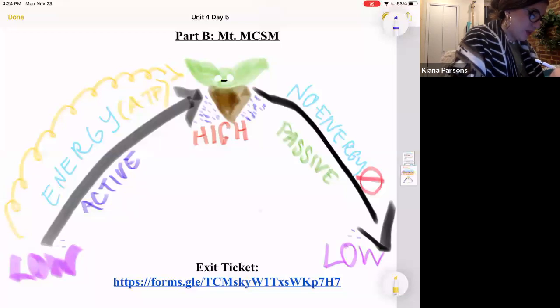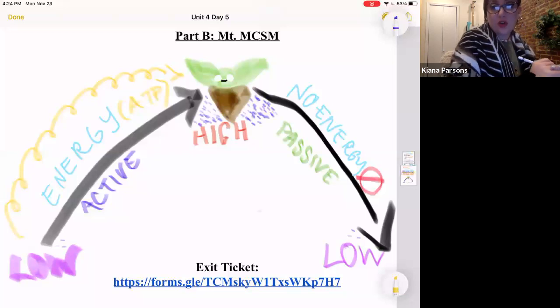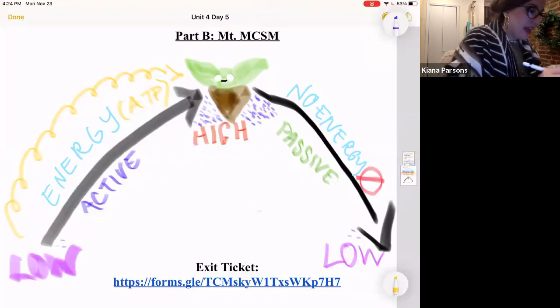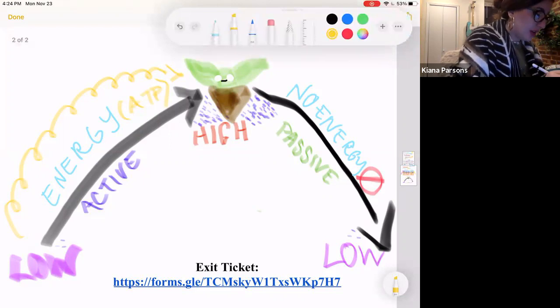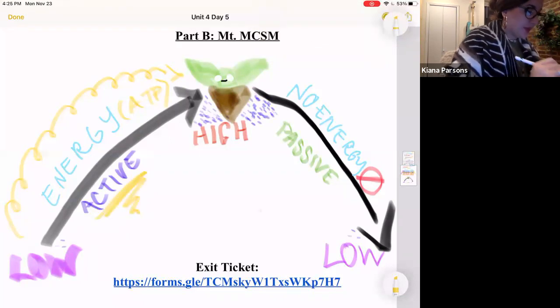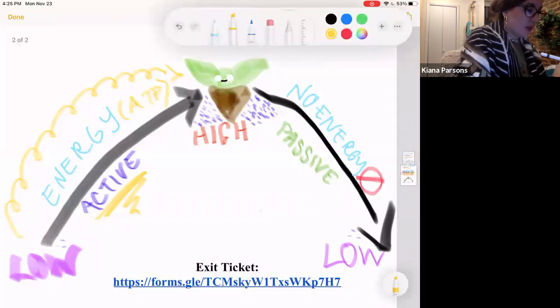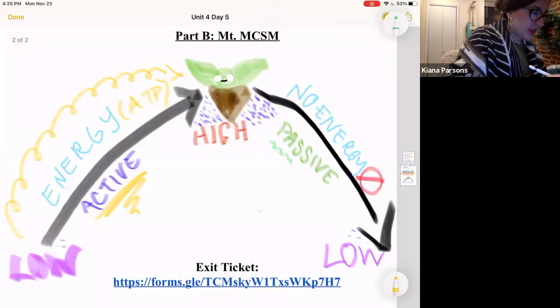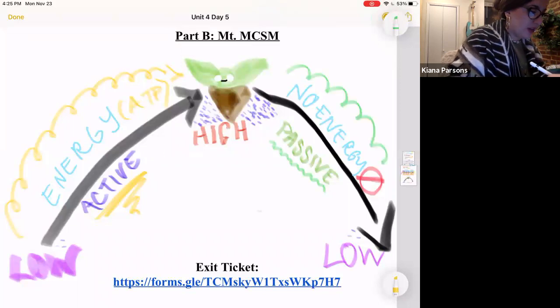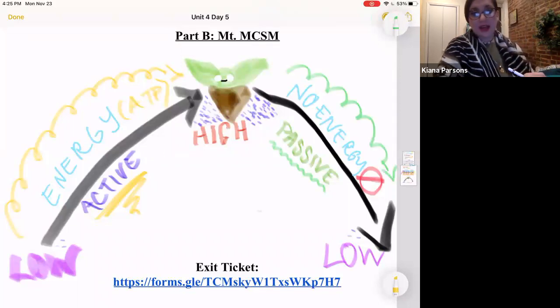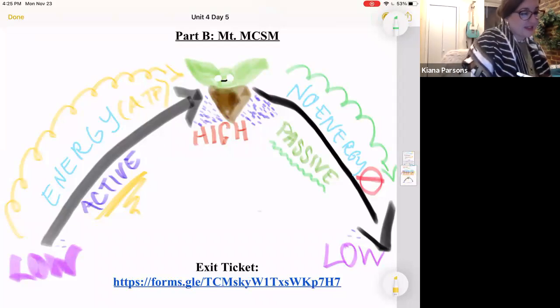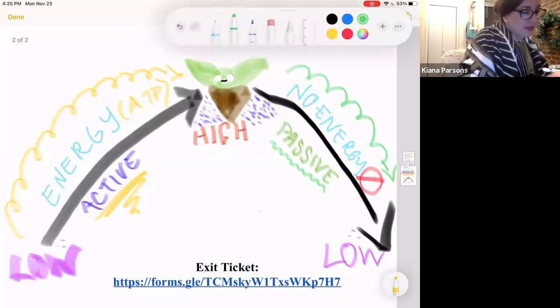Right, we're going from low to high, like active transport from low concentration to high, that requires energy. Whereas passive transport does not require energy. It's more lazy. In order to get down the hill, it could happen by accident. This is diffusion.